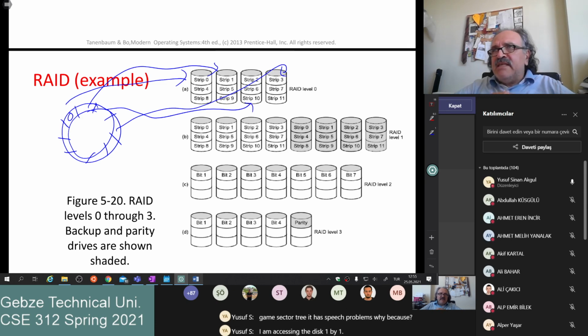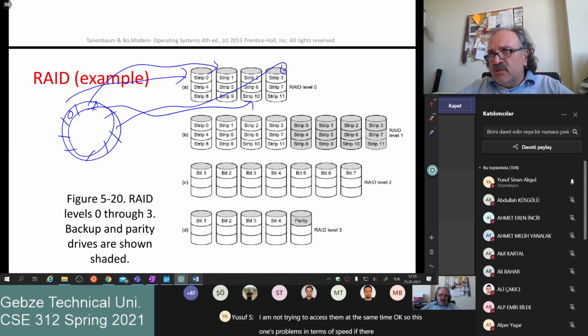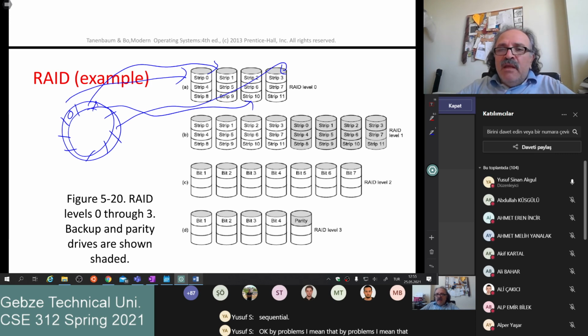I am not trying to access them at the same time. So this one has problems in terms of speed if the application is sequential. By problems I mean that it doesn't take advantage of this RAID structure. It looks like a single disk.